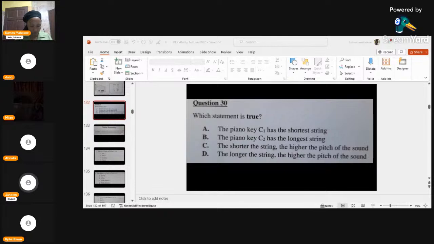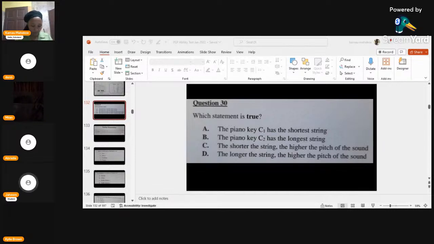B. The piano key C2 has the longest string. C. The shorter the string, the higher the pitch for the sound. D. The longer the string, the higher the pitch for the sound.